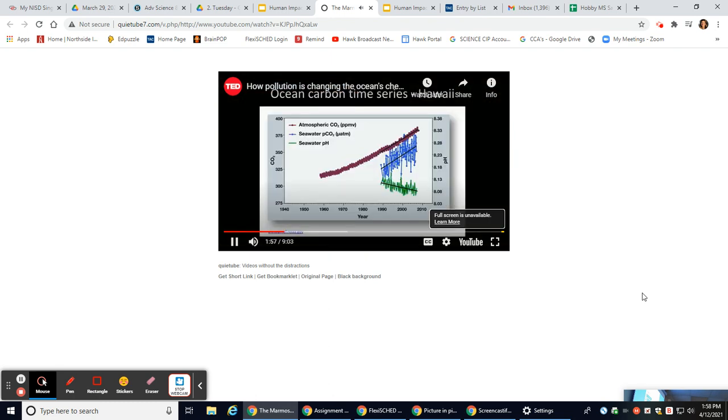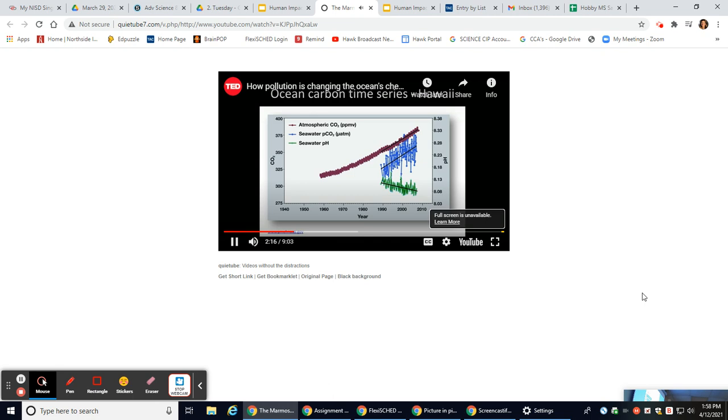Scientists have been monitoring ocean acidification for over 2 decades. This figure is an important time series in Hawaii, and the top line shows steadily increasing concentrations of carbon dioxide, or CO2 gas, in the atmosphere. And this is directly as a result of human activities.